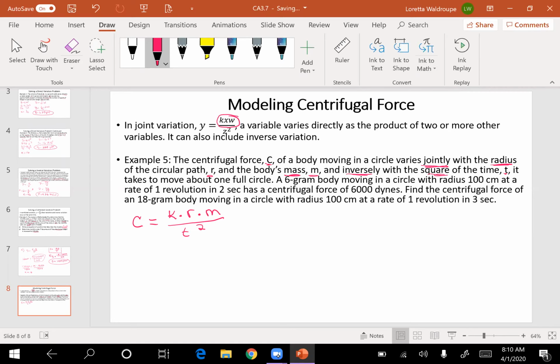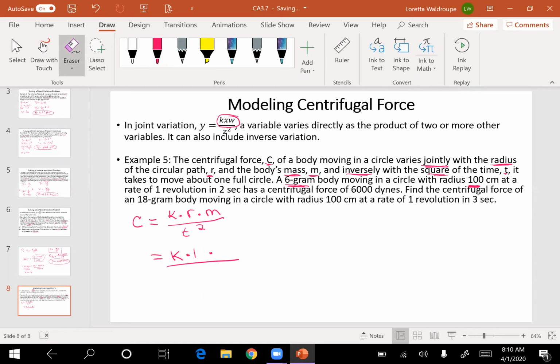Okay? So a 6-gram body, so that's probably my mass, okay? Moving in a circle with a radius of 100. So my radius is 100.